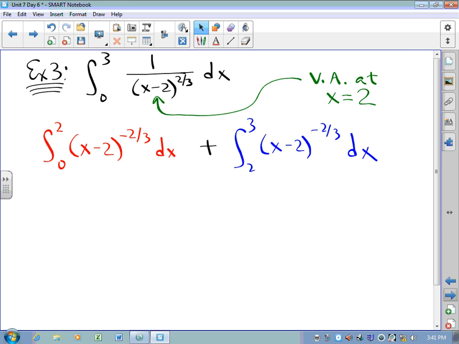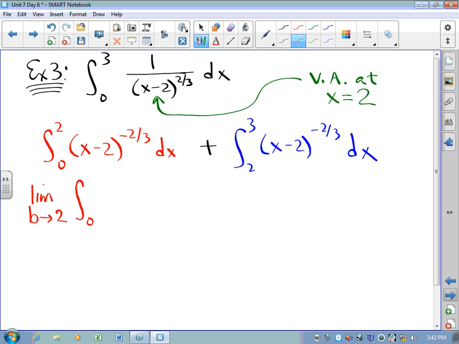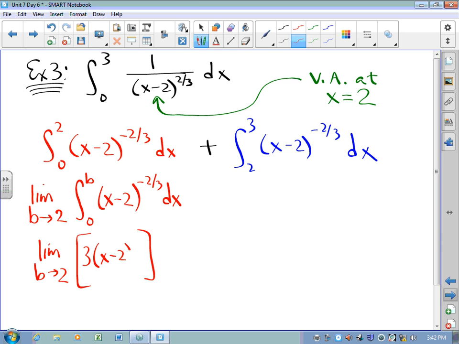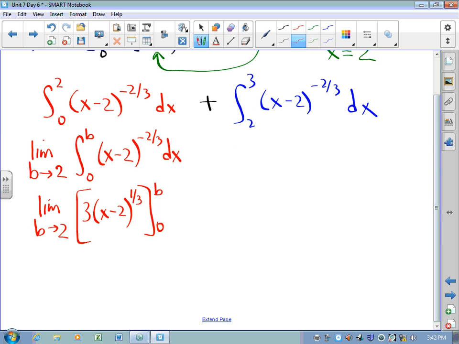So I ask myself, in the red case, we're going to take a limit as b approaches 2 of the integral from 0 to b of (x minus 2) to the negative 2/3 dx, which happens to be the limit as b approaches 2 of, now I need an antiderivative of (x minus 2) to the negative 2/3. So I'd raise the power by 1, that's 1/3, divide by that power, so I've got 3(x minus 2) to the 1/3 evaluated between 0 and b.